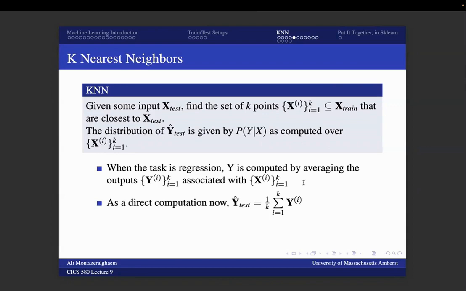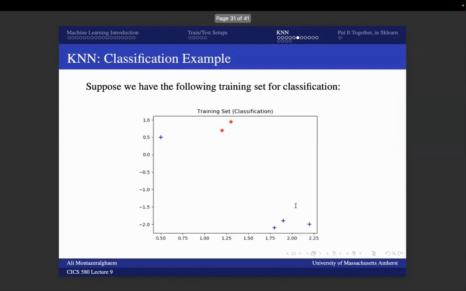For example, if you have three nearest neighbors and each data point has a label, a real value, and you want to predict a real value for new data, you just need to get the average over all the data points. It is exactly the same thing: you just need to get an average over all the labels that we have in the neighbors of this data point.